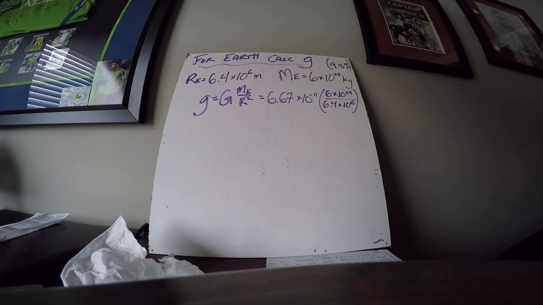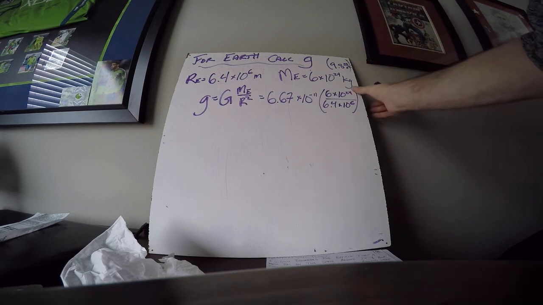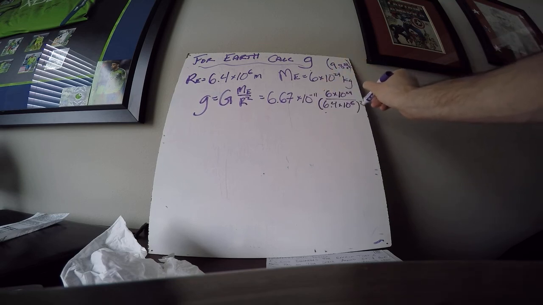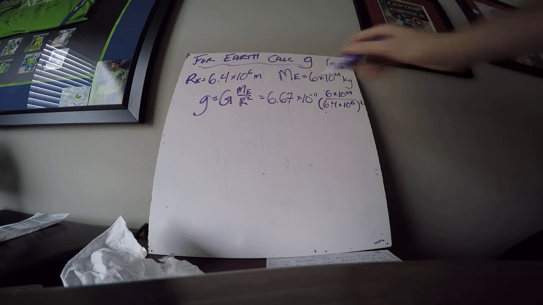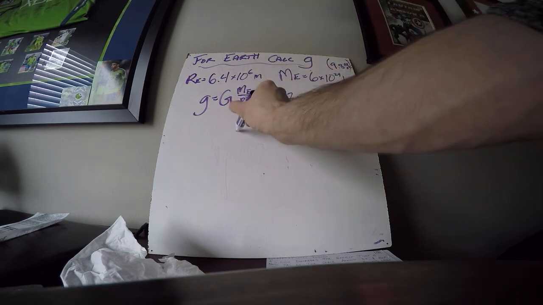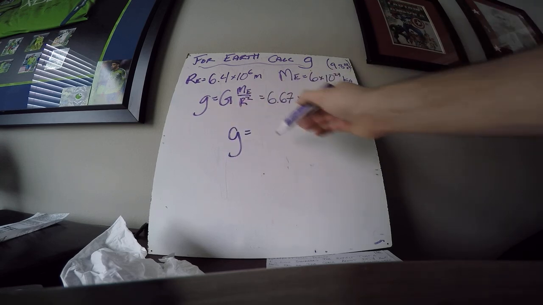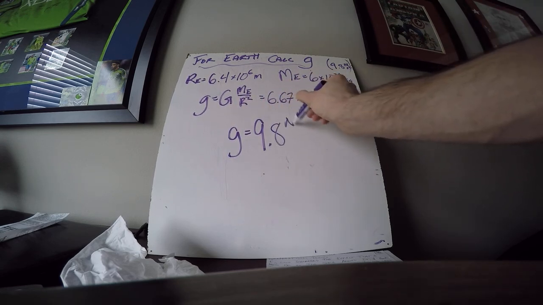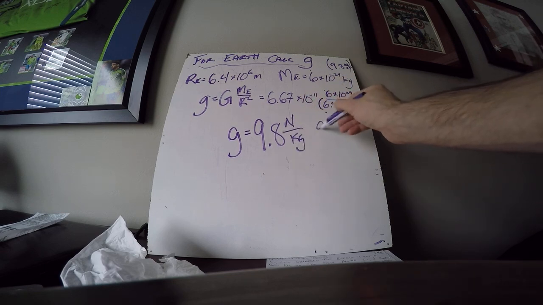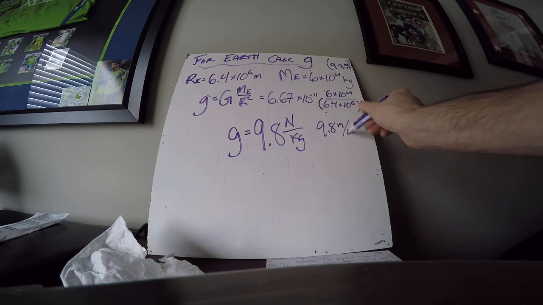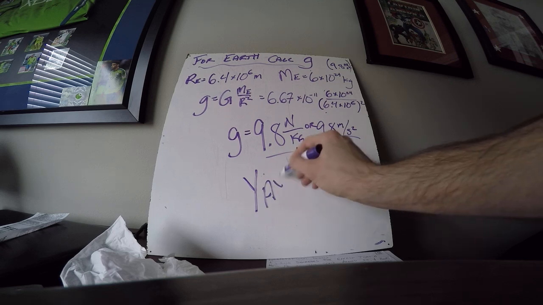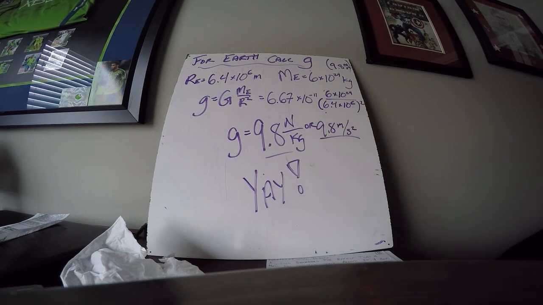Oh yeah, oh crap, we forgot to square. Square this bad boy. Hard lesson in exponents. We'll talk about that next class. Doing a little math, you should come out to G equals 9.8 newtons per kilogram, also known as 9.8 meters per second squared. You made it through. Congratulations.